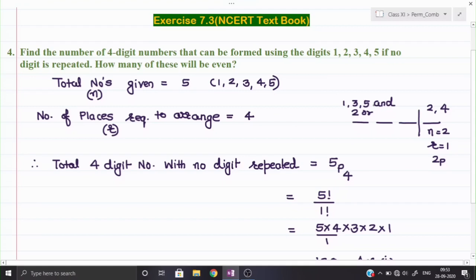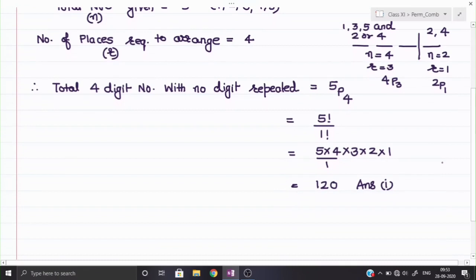That will be easier to understand. Either 1, 3, 5 can come and along with that maybe 2 or 4 can come. So the total numbers here, the value of n will be equal to 4, and r will be equal to 3. Total 3 places are there, so we can arrange it by 4P3 ways. Sorry, here I forgot to write 2P1. So in that case the total number of ways will be 4P3 into 2P1.